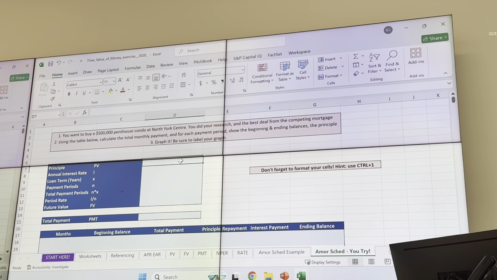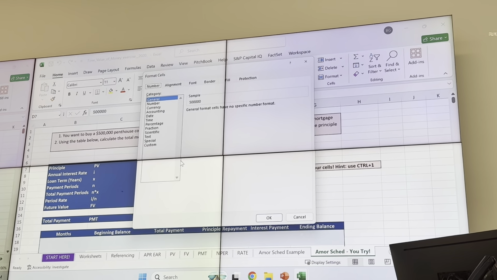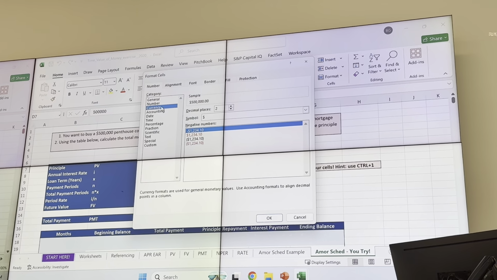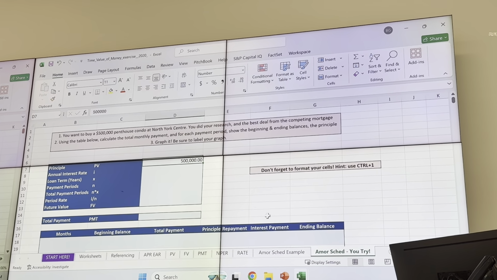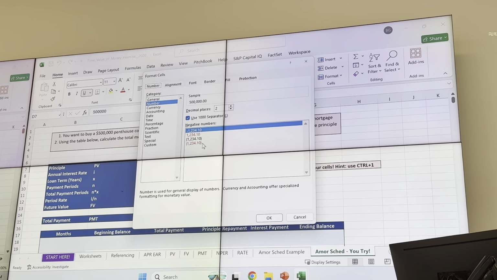So keep on inputting the value. Again, if you're not sure, Control 1. Remember, this is currency, and even if it is a number, make sure that you use the separator. Or if you want to make it a currency, that is also fine.